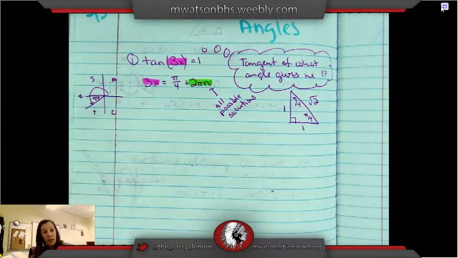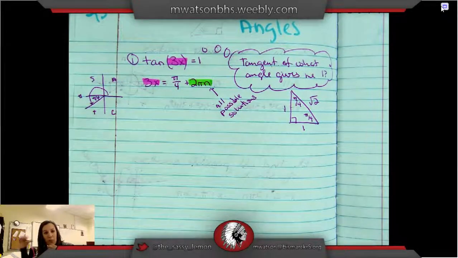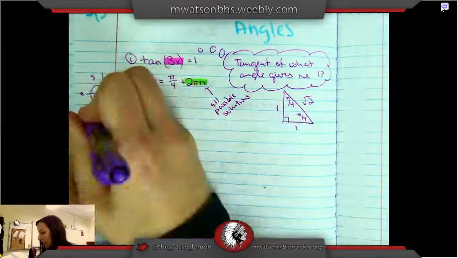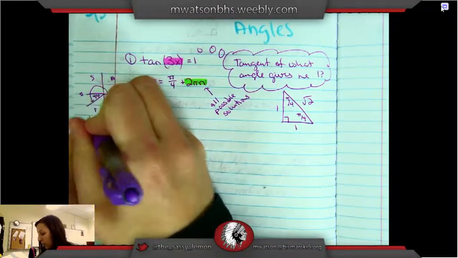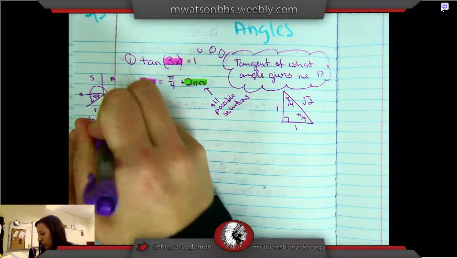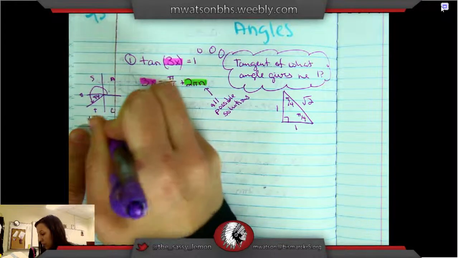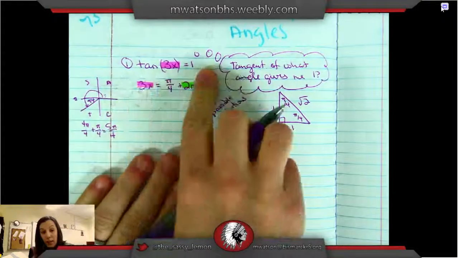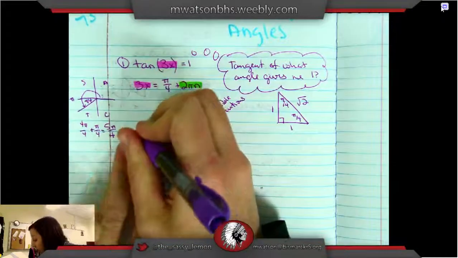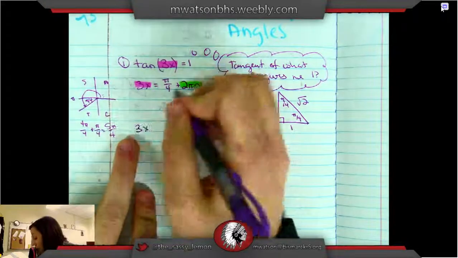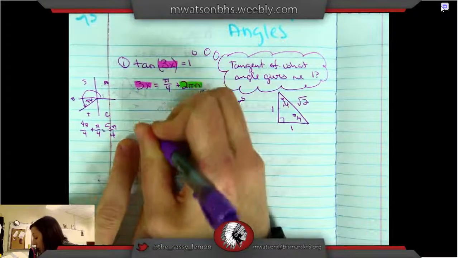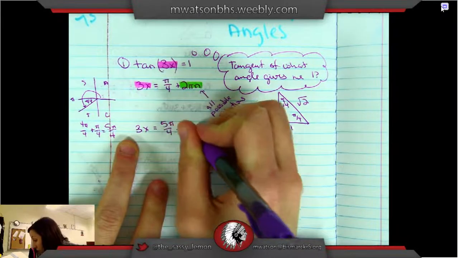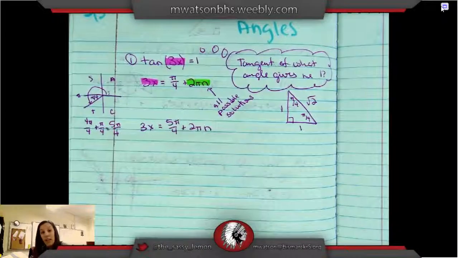So hopefully we know by now that pi plus pi over 4, we have to get common denominators. So this angle is going to end up being 4 pi over 4 plus pi over 4. That's 5 pi over 4. Okay, so that's our angle in the third quadrant that makes this equation true. So we've got two little answers here. We've got 3x equals pi over 4 plus 2 pi n, and we've got 3x equals 5 pi over 4 plus 2 pi n.